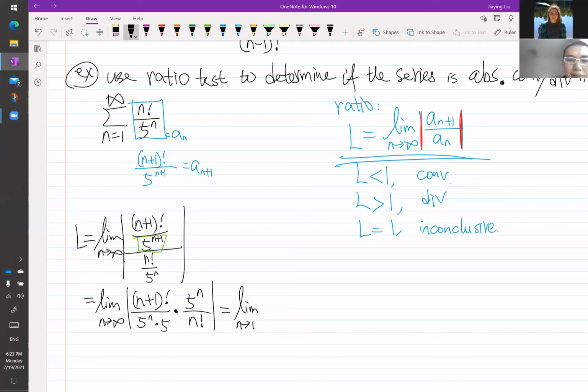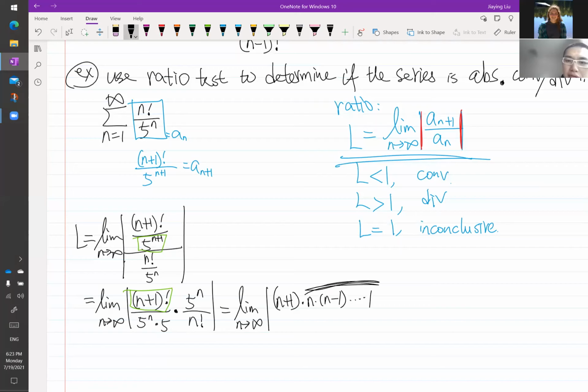The next step is that I'm going to expand the (n+1) factorial. That's multiplying the numbers 1, 2, 3, all the way to n, and then n+1, right? But I'm going to expand it by taking out the n+1 term and then putting everything else together. So that will be (n+1) times n times (n-1), and so on all the way to 1.